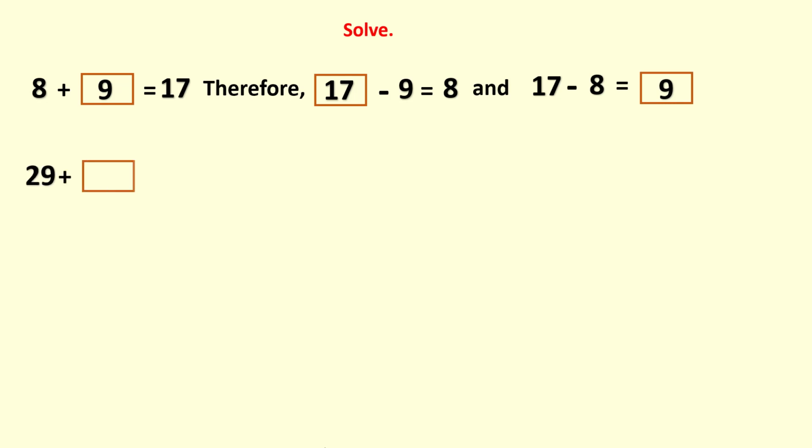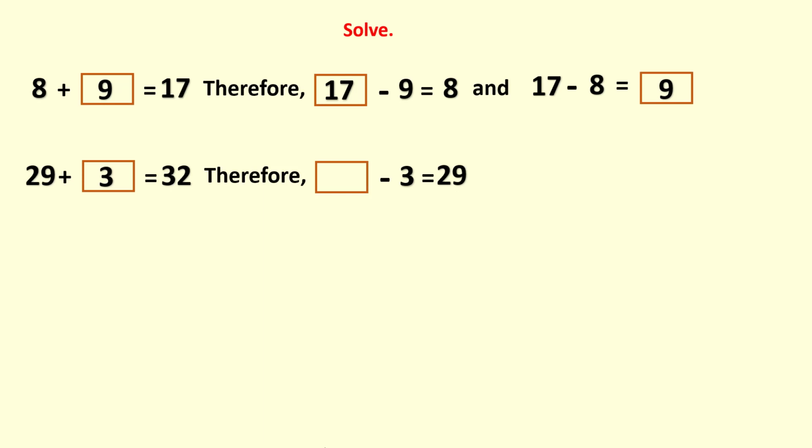29 plus how many is equal to 32? If you count forward from 29 up to 32, we get the answer 3. Therefore, how many minus 3 is equal to 29? 3 and 29 numbers are arranged here, but 1 number is remaining.